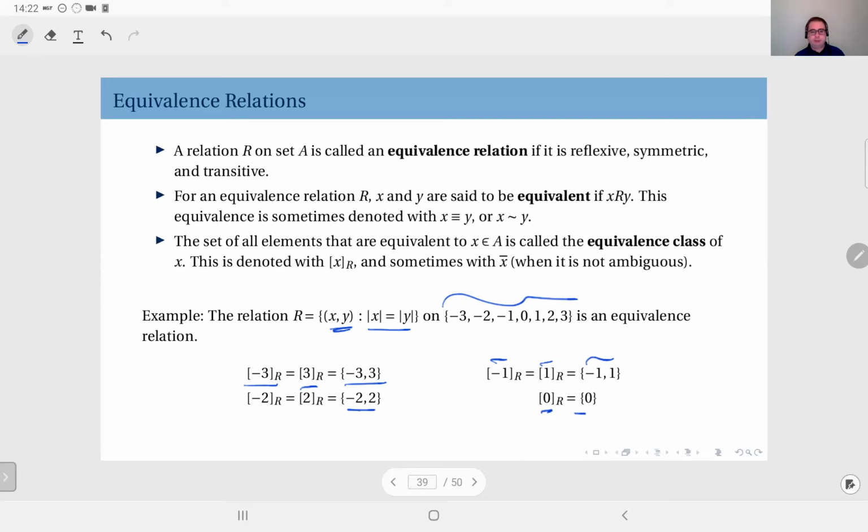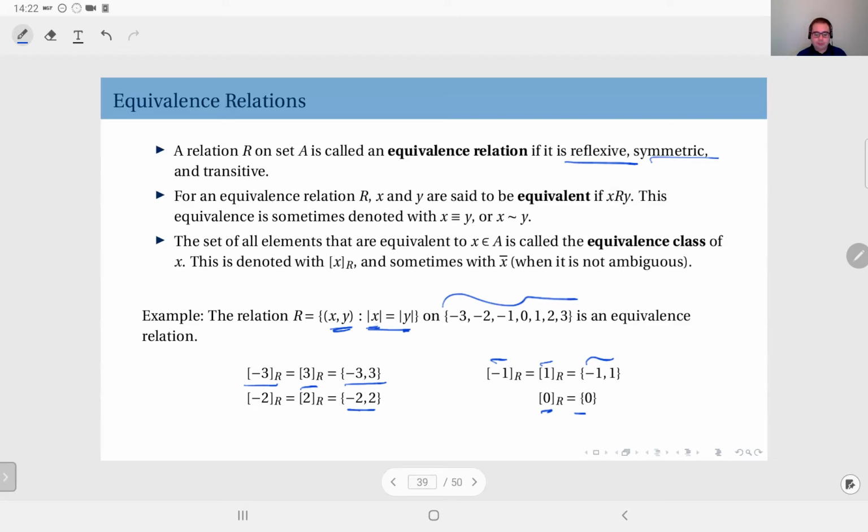How do we see this is an equivalence relation? You have to check these three properties. Is it reflexive? Yes, because the absolute value of x clearly is equal to the absolute value of x. Is it symmetric? If you have xy, do you have yx?